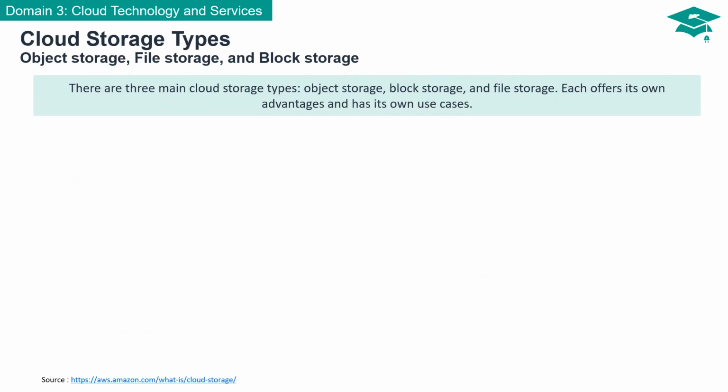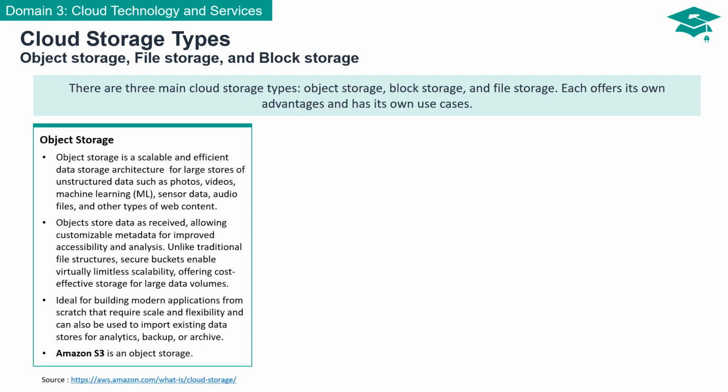Object storage, file storage, and block storage each have unique advantages and are suited for specific use cases. Object storage is a scalable and efficient architecture for unstructured data like photos, videos, machine learning data, and more. Objects store data as received, allowing customizable metadata for enhanced accessibility and analysis.